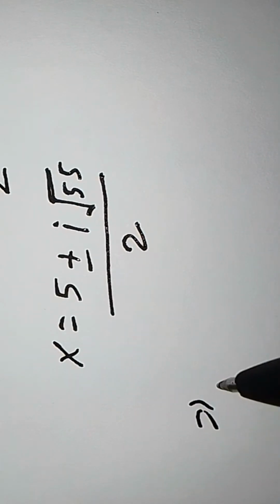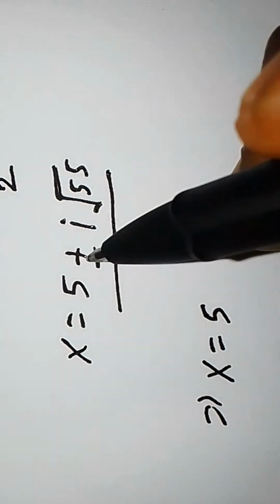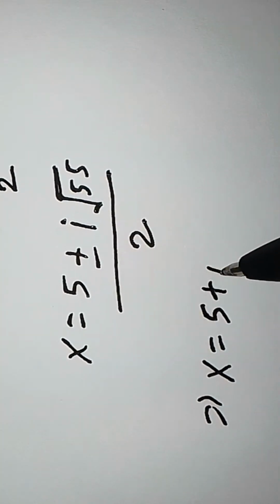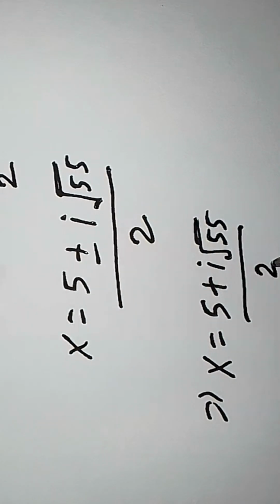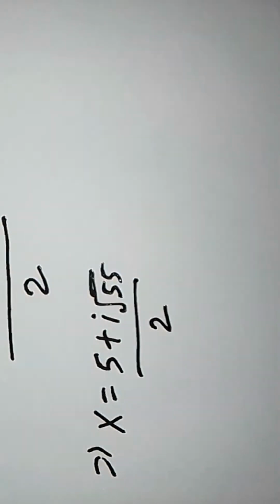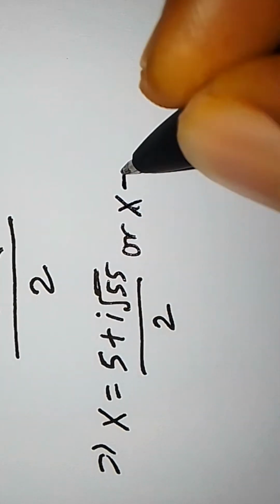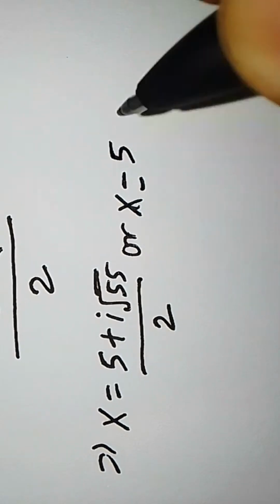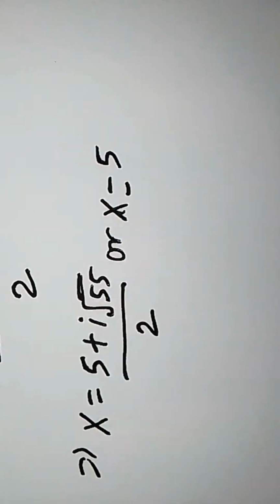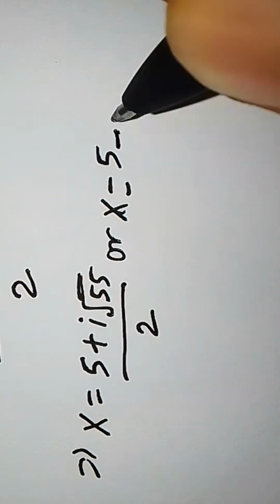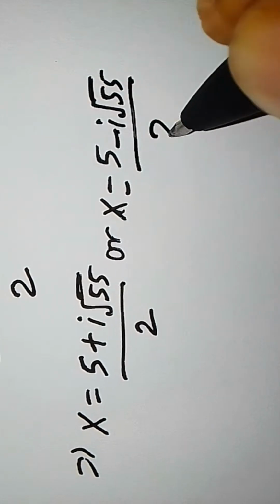This means that x is equal to 5, consider the positive sign, that is plus i times root 55 divided by 2, or x is equal to 5, consider the negative sign. So we have minus i times root 55 divided by 2.